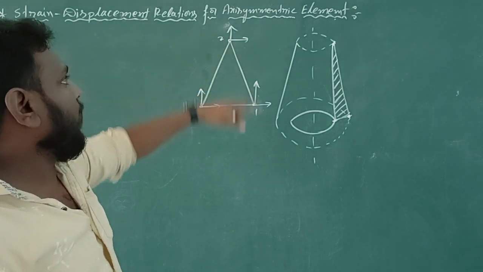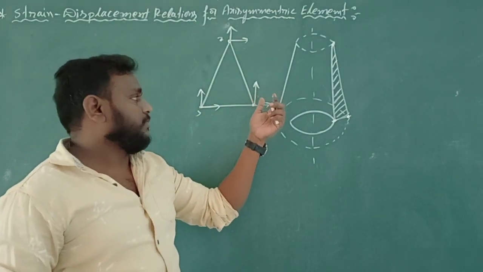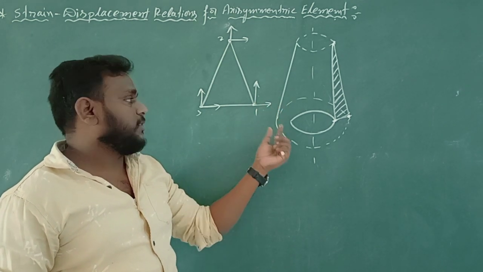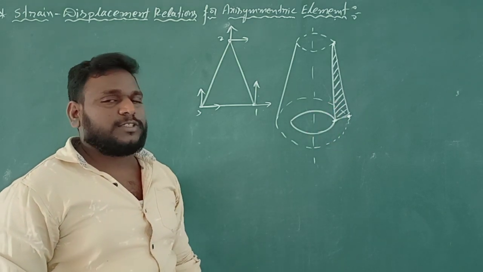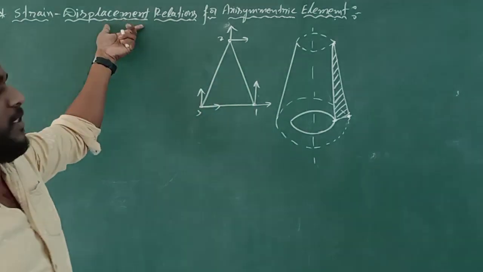So there are 6 displacements in total, because there are 3 nodes and each node has 2 displacements.